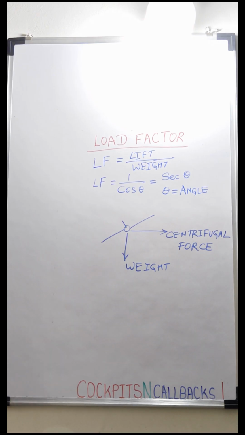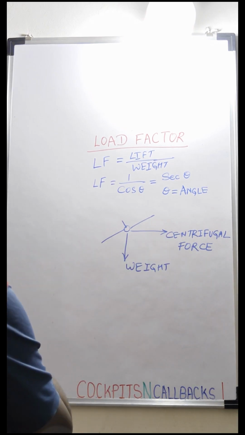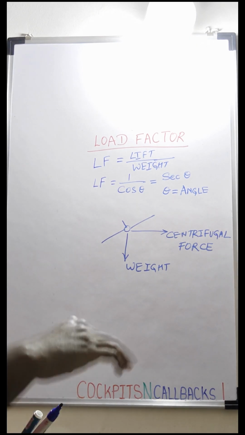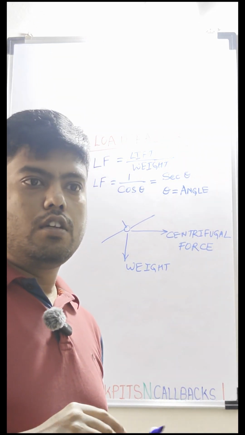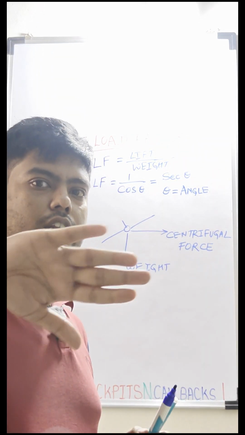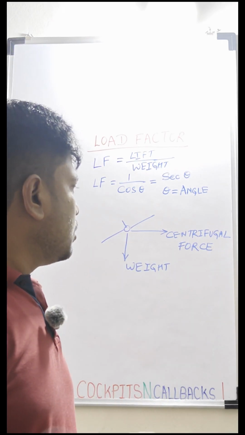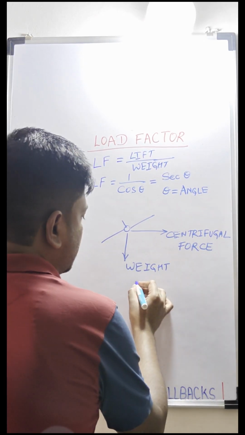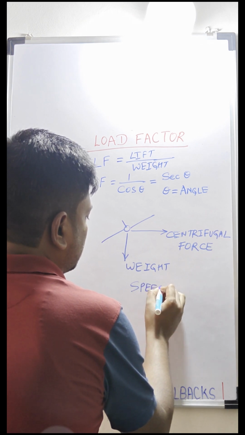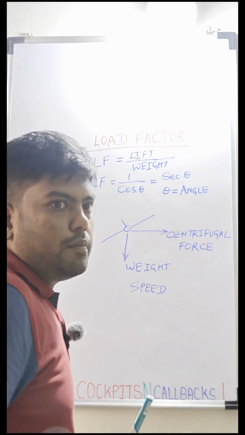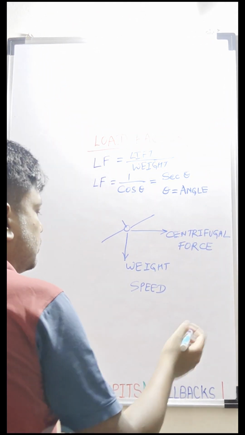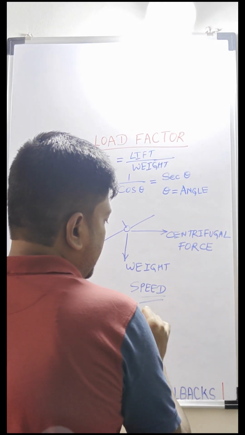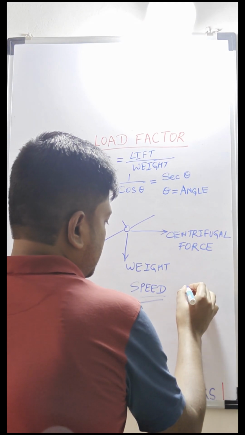Now what happens to the centrifugal force, right? When we increase the speed of the aircraft, so let's say the aircraft is banking and we increase the speed, the centrifugal force really becomes difficult to overcome, which in turn means that as we increase the speed, the load factor increases.